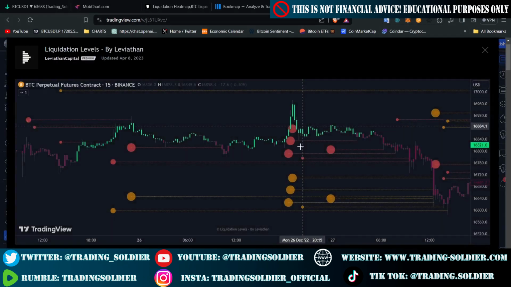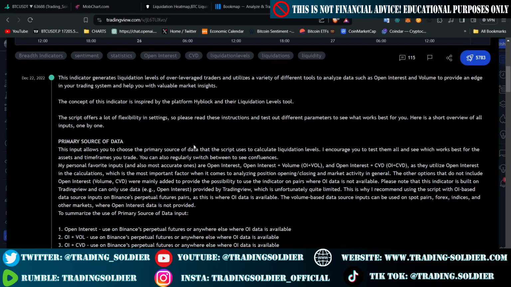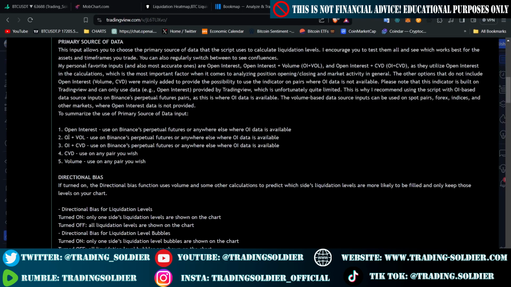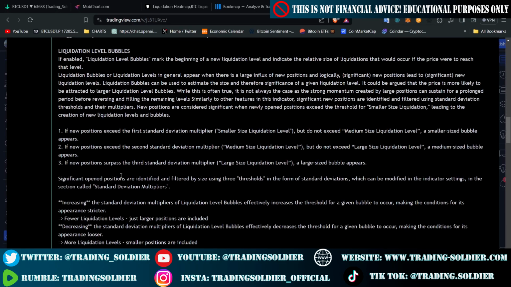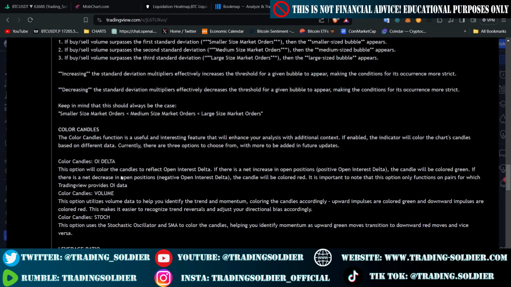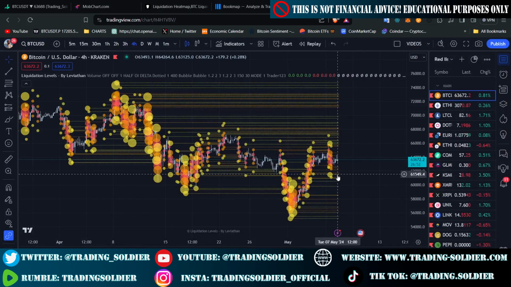You can see that what this indicator does is, through a series of calculations of open interest plus volume, or open interest plus CVD, or volume, you can select these data sources in the indicator. Basically what you will see is a representation of the liquidity zones or liquidity areas.